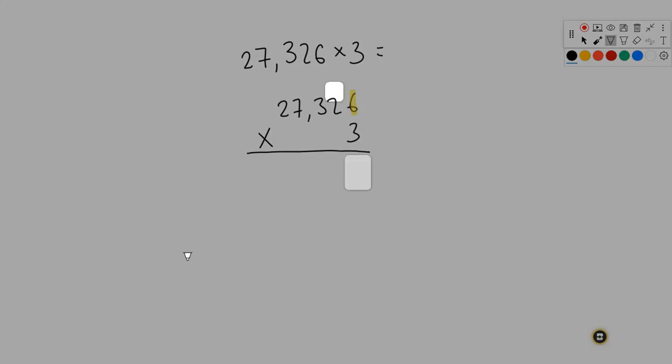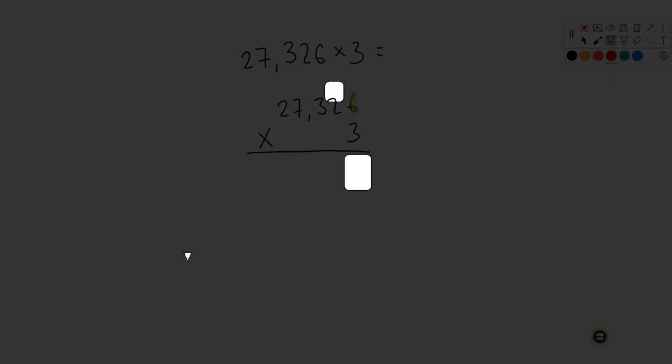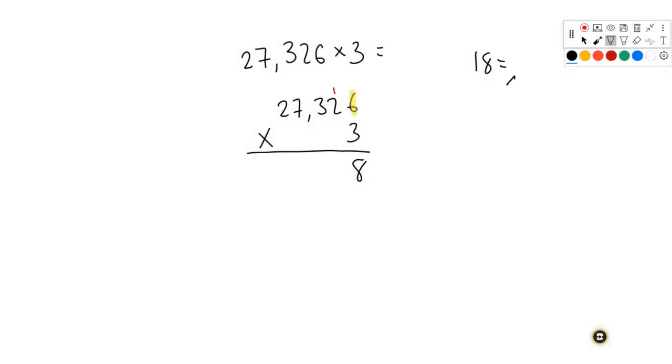I'm going to write it as 1 ten and 8 ones, because 18 is equal to 1 ten and 8 ones, right? That's 4th grade. I hope we remember. If not, that's okay.